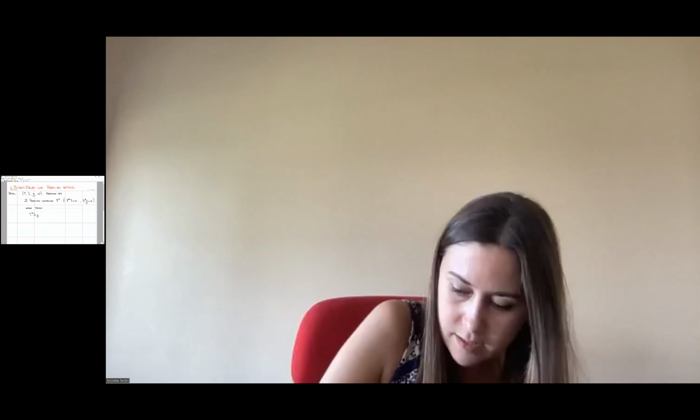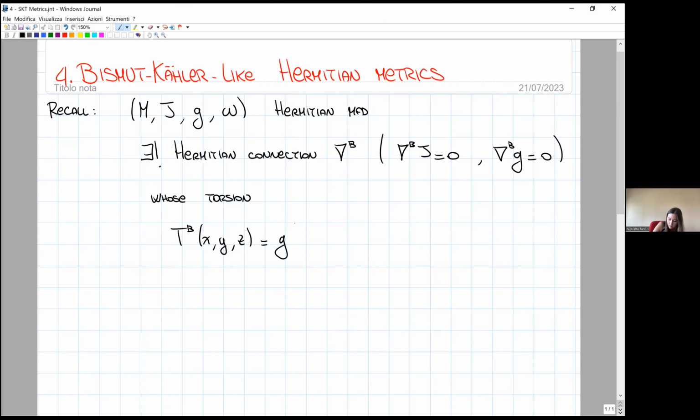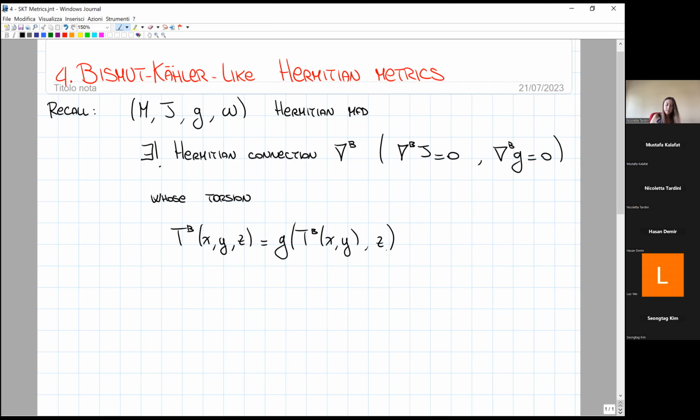So there exists a unique Hermitian connection whose torsion, let's say T^B(X, Y, Z) = g(T^B(X, Y), Z), where X, Y, Z are of course vector fields, is a three-form, a differential three-form.